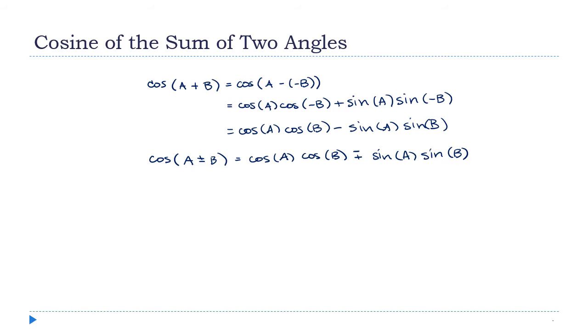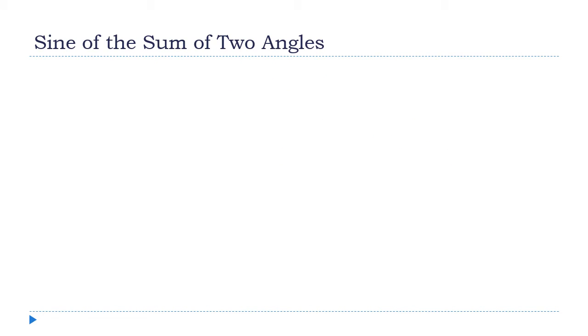How about the sine? How about the sine of the sum of two angles? Well, here's what I'm going to do. Again, I'm going to rely on formulas that I already know. I'm looking for the sine of A plus B. Here's kind of my thought process.